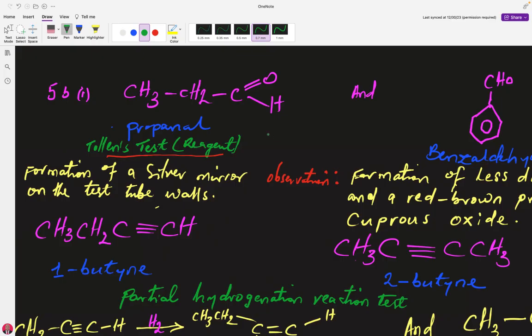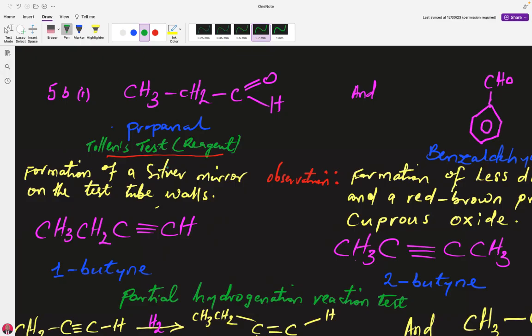So in this case, when this substance, propanol, is added into Tollens reagent in a test tube, the silver ions are reduced to metallic silver, and what happens? There is the formation of a silver mirror on the walls of the test tube. That's what you will see here.